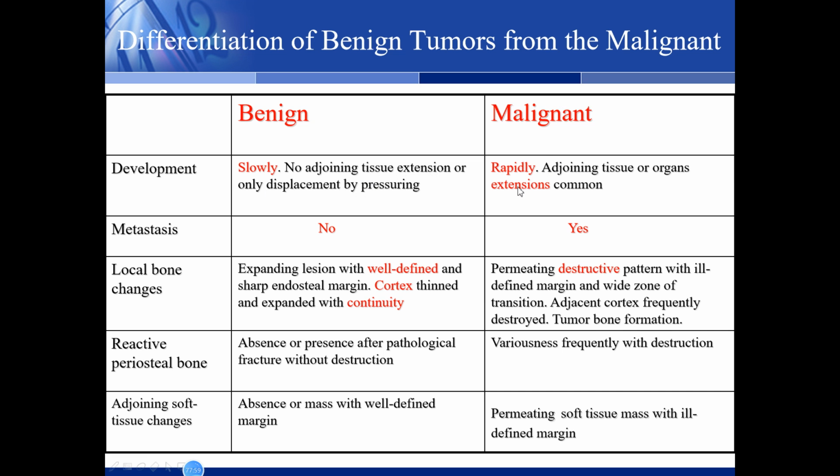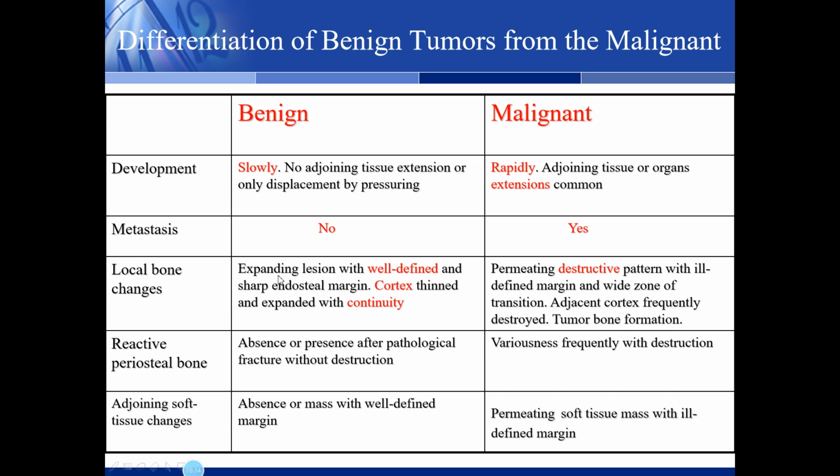But the malignant tumor grows rapidly, and adjoining tissue or organ extension is common. In the benign tumor there is no metastasis, but in the malignant tumor, metastasis may happen.